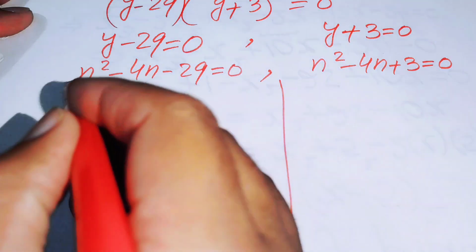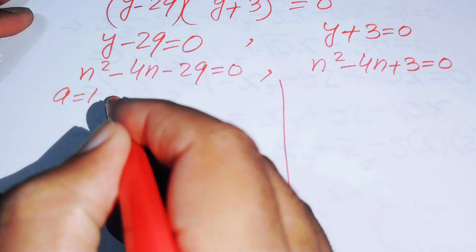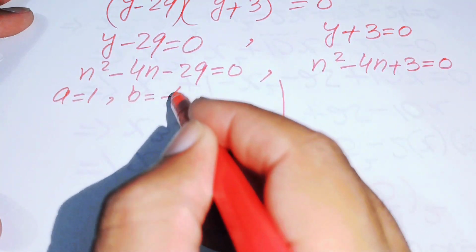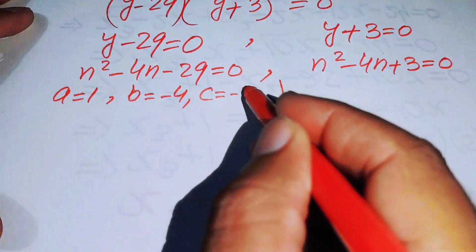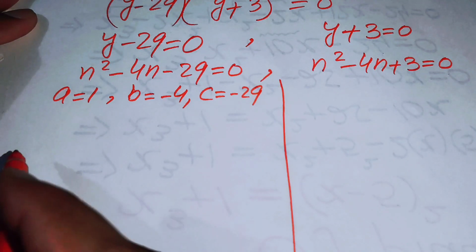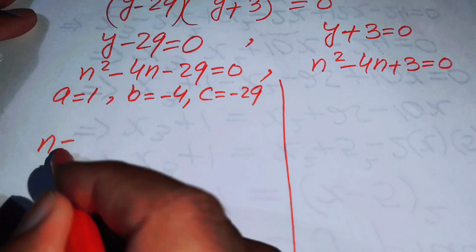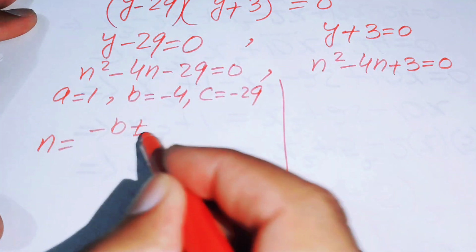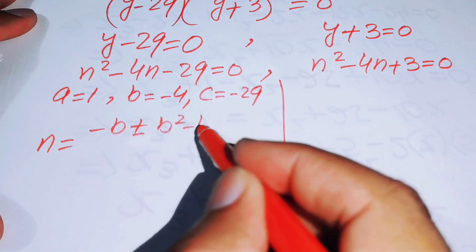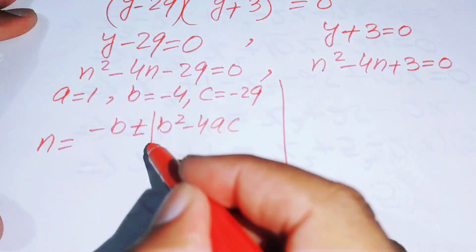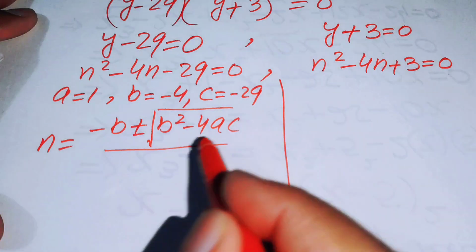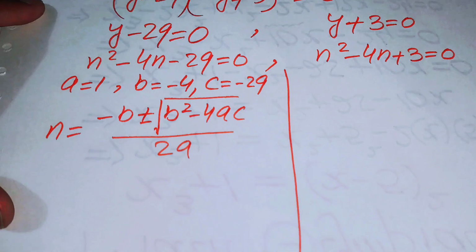So here you have a is equal to 1, b is equal to minus 4, and c is equal to minus 29, and the quadratic formula is n is equal to minus b plus minus square root of b square minus 4ac, over 2 times a.